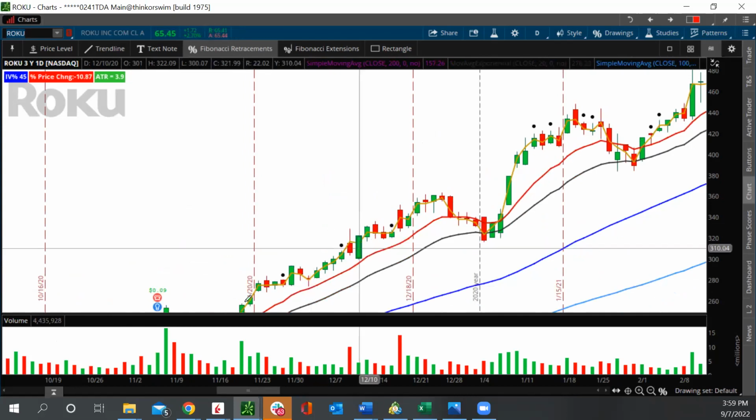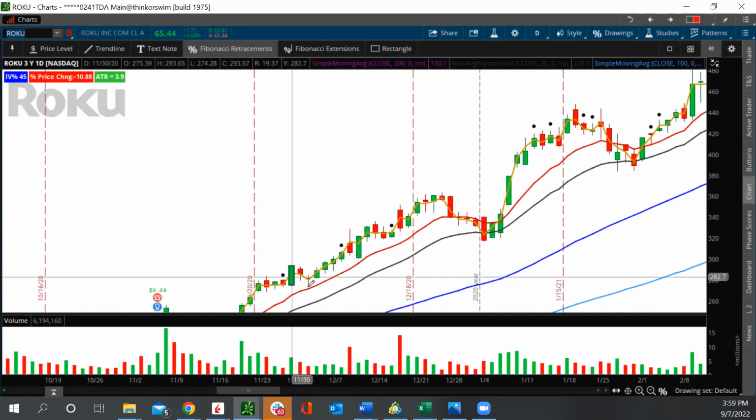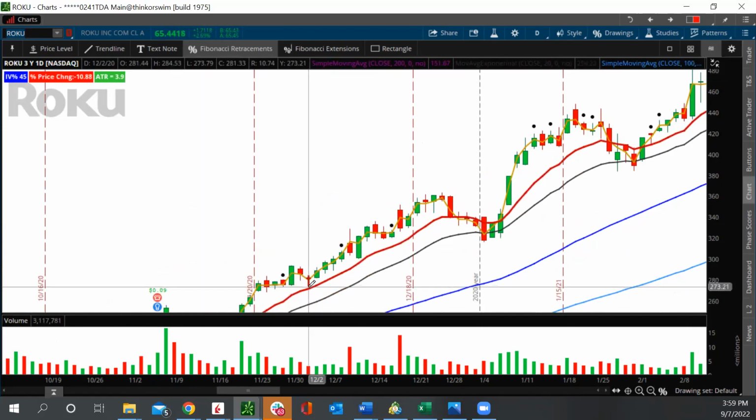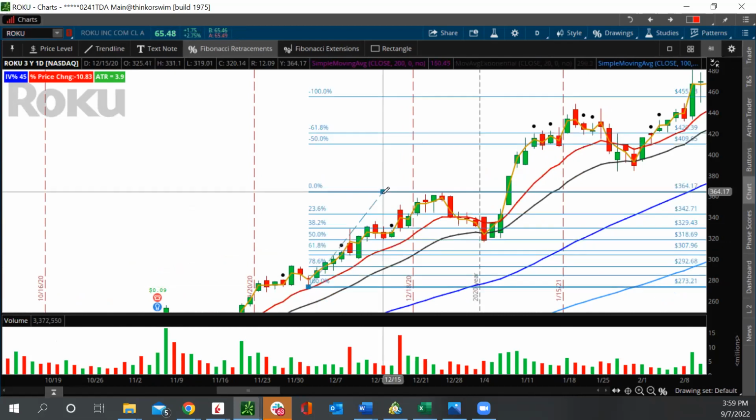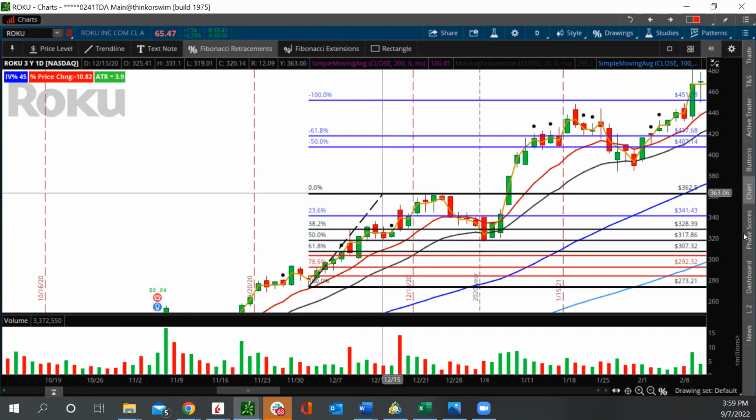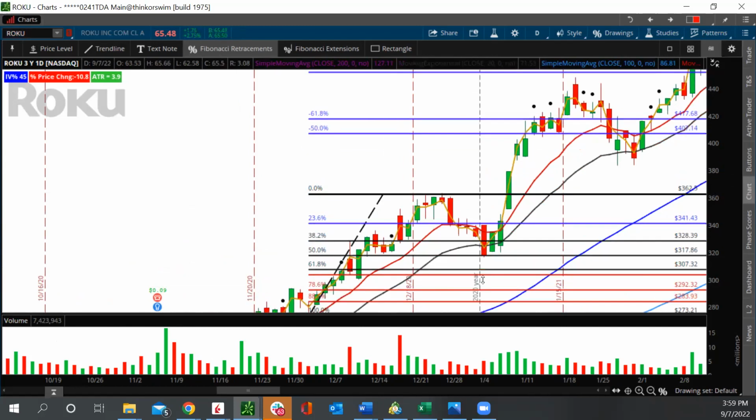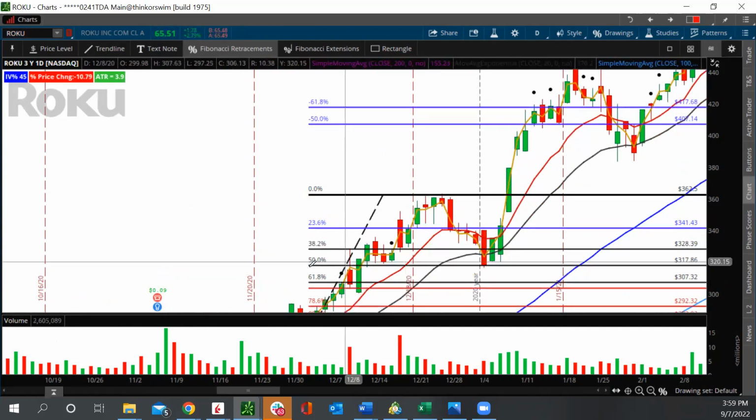If you look at this run, price came up here, kind of went sideways here. So if we go from this low, and again, Dave, because we're looking to go long here, we're going to click from the low and then go to the high. And if you look, price came right into that 50% retracement.